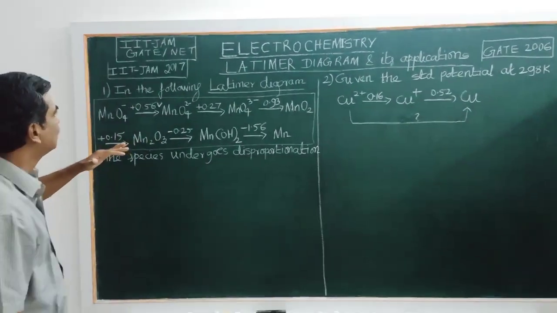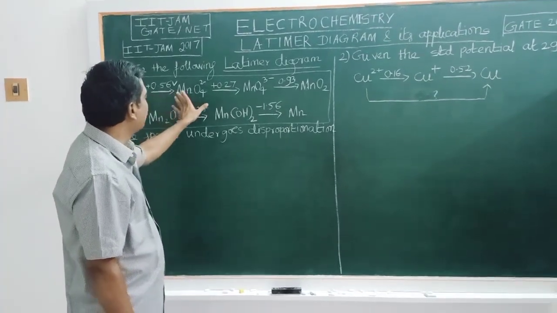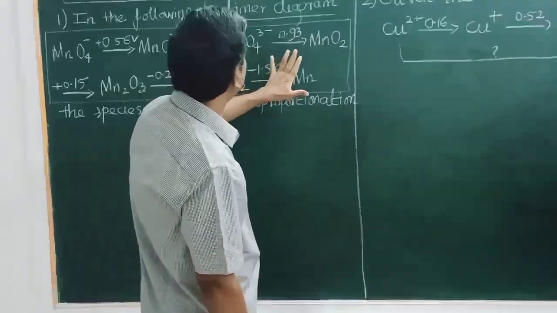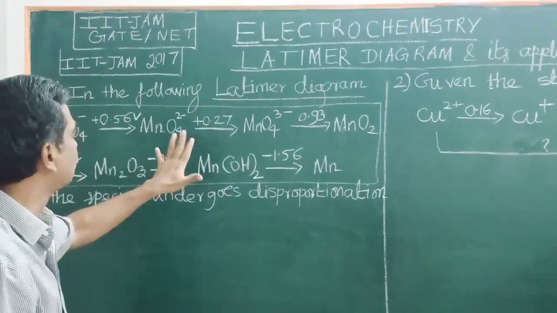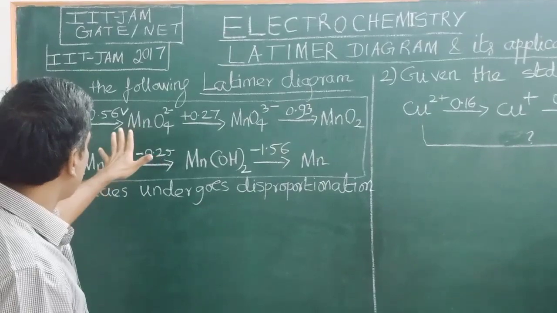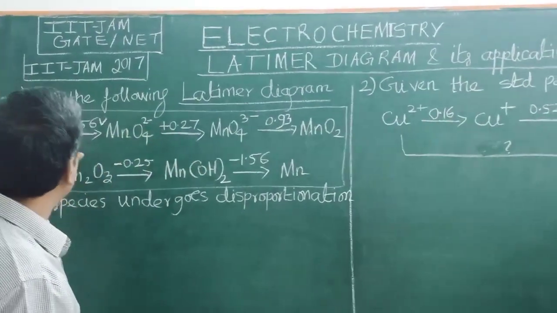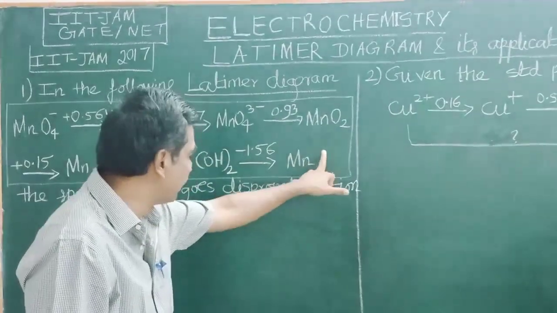I will see first. The Latimer diagram gives a summary of the standard reduction potentials of the various oxidation states of the same element.